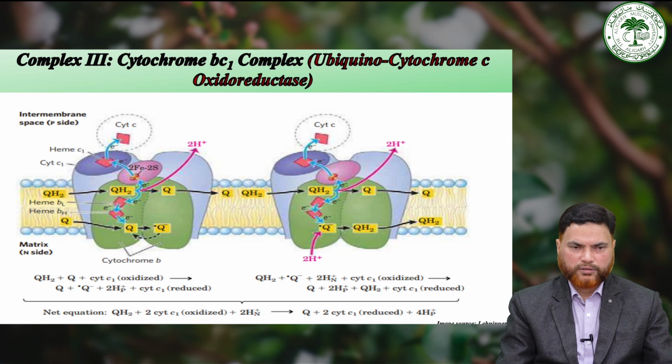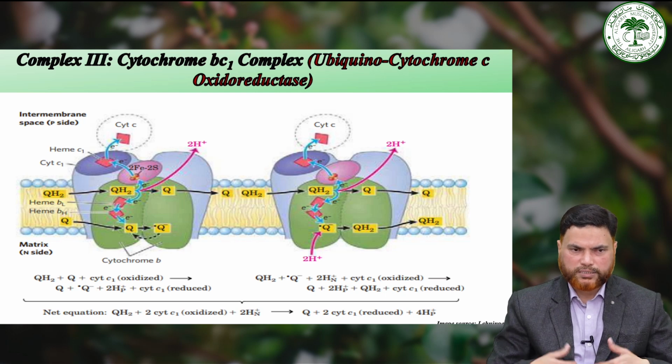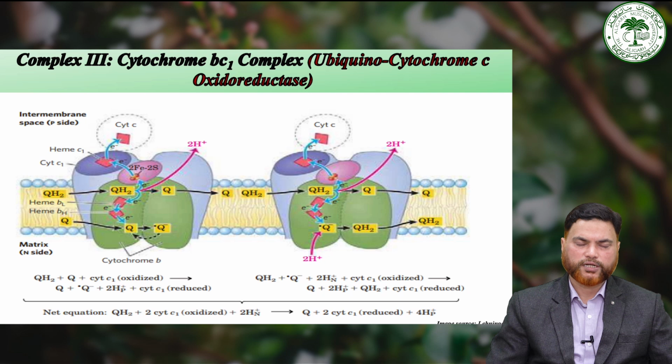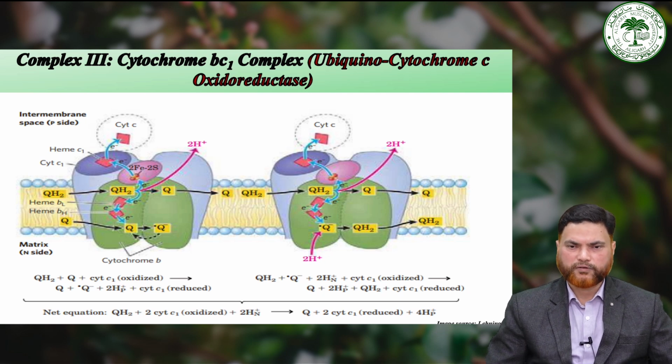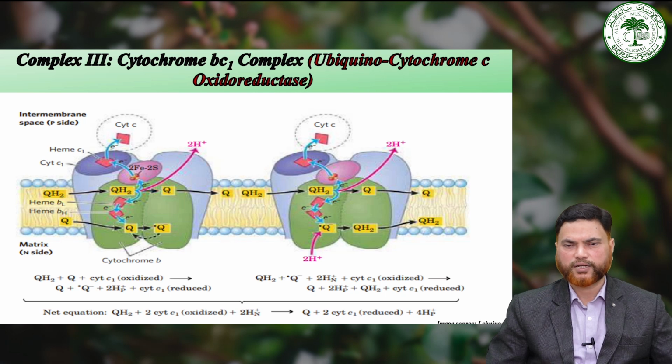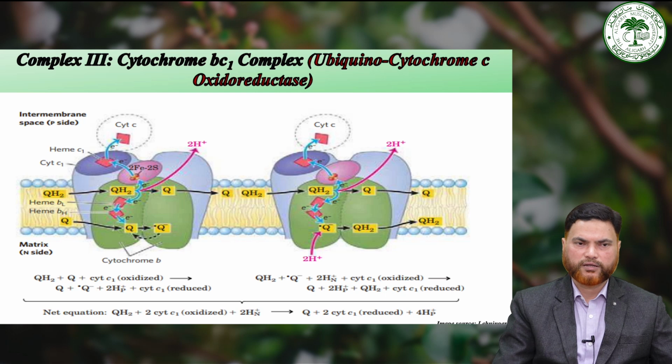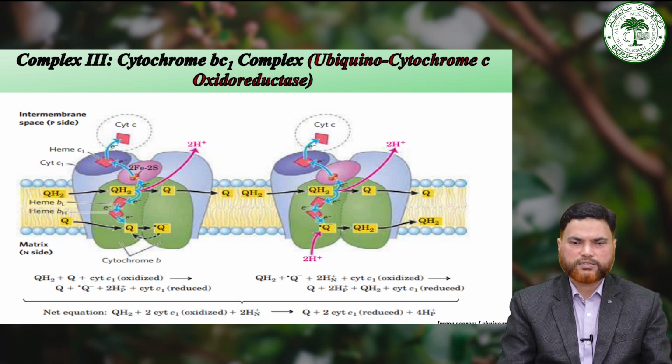Then we will discuss how the initial electron transfer occurs. The process begins when the electrons derived from NADH or FADH2 are transferred to complex 1 or complex 2 of the electron transport chain. These complexes then pass the electrons to ubiquinone, converting it into ubiquinol, or you can say QH2.